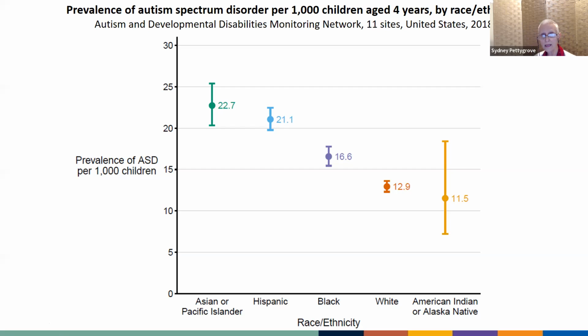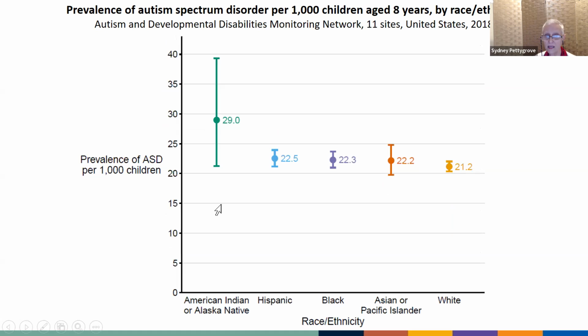And in 2018, with the change to the new protocol, this is the first time that all sites have been collecting data on children who are age 4. And it's interesting to see the difference between what's going on here with the 4-year-olds compared to the 8-year-olds.